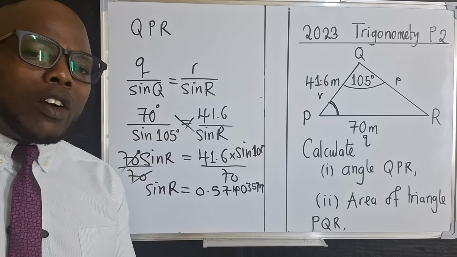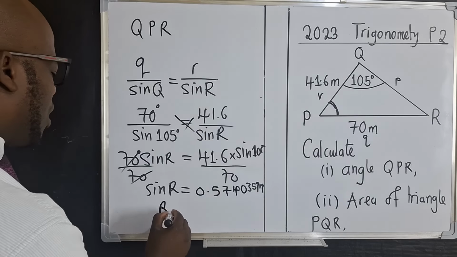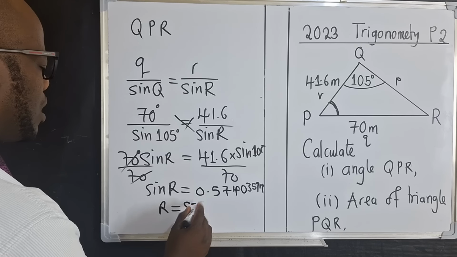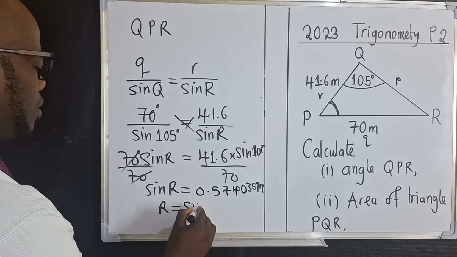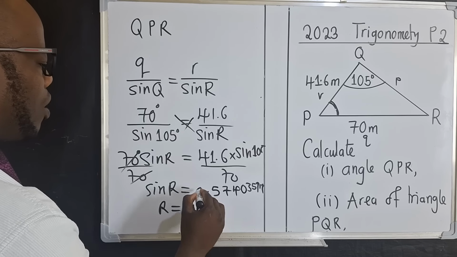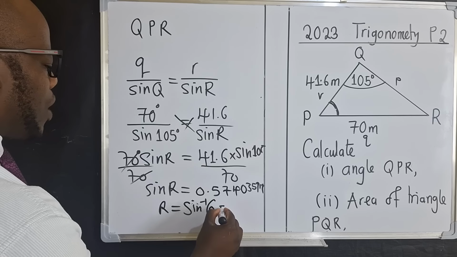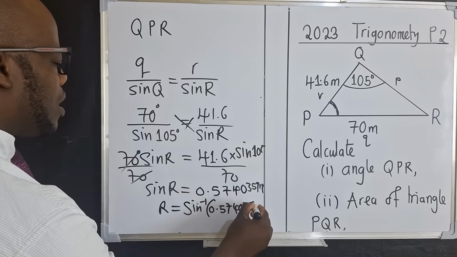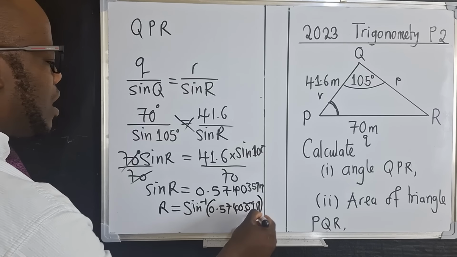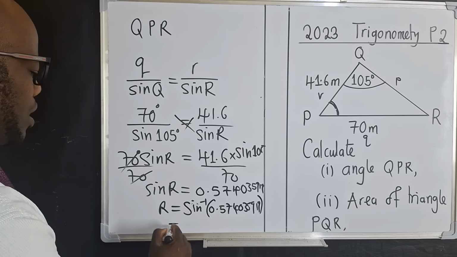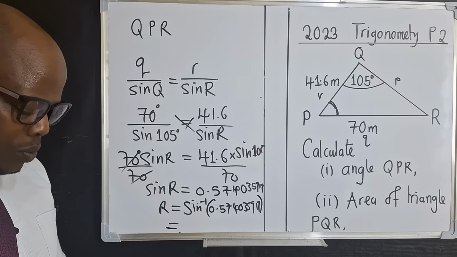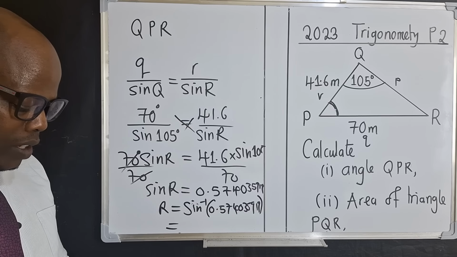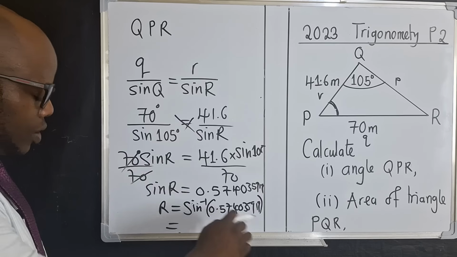And then to solve for R, you just come and write R is equal to sine inverse of 0.574035919. So punch on your calculator second function or shift sine of the answer, which is here.